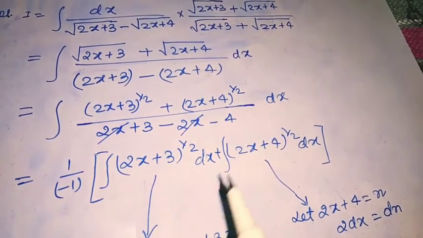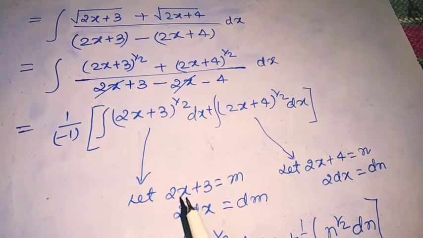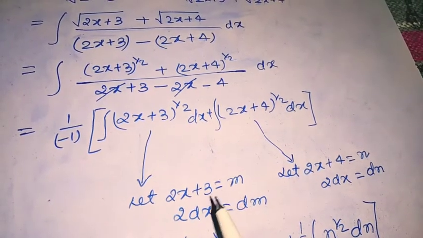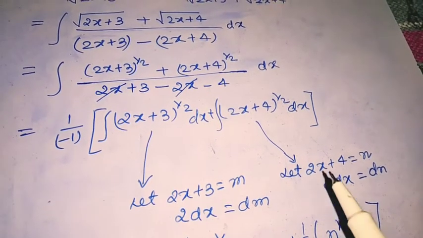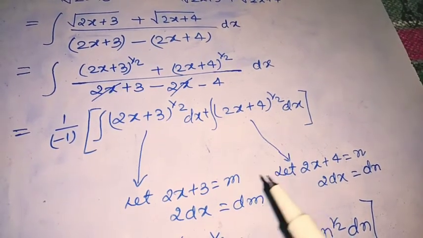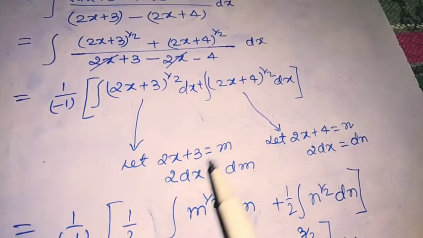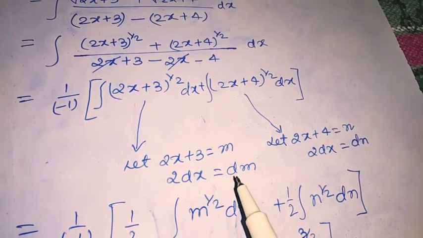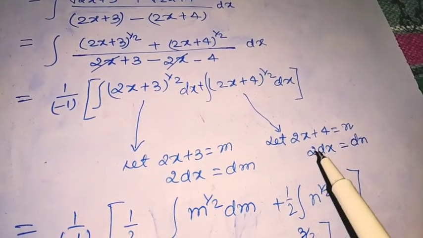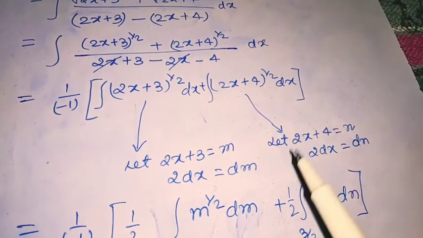For solving this we have taken 2x plus 3 is equal to m and 2x plus 4 is equal to n. By differentiating, it will be 2 dx is equal to dm, and here 2 dx is equal to dn.